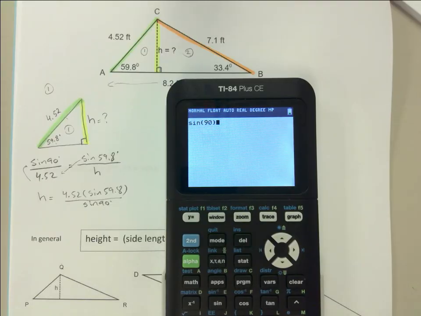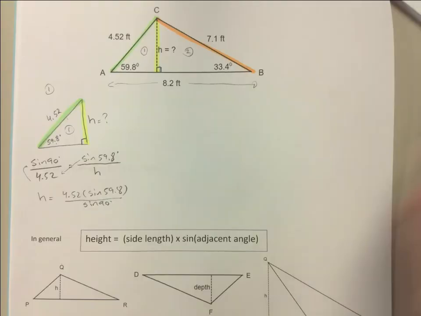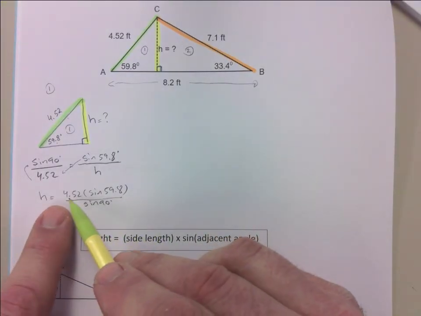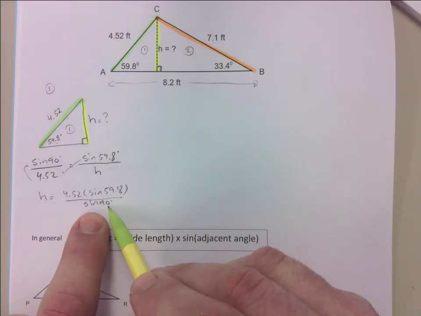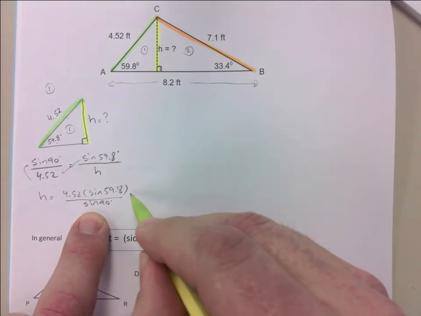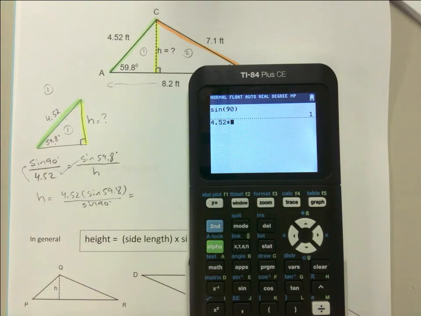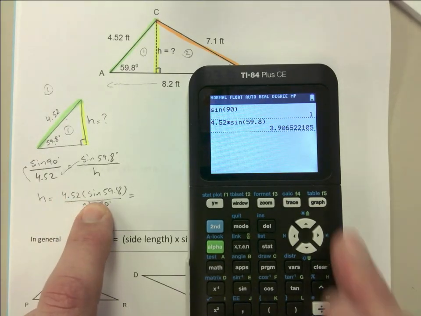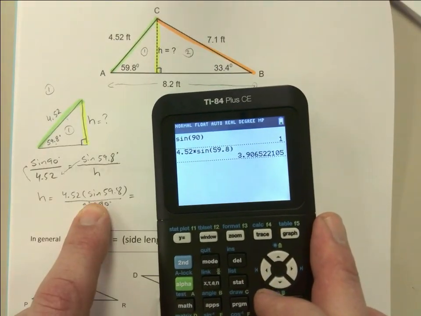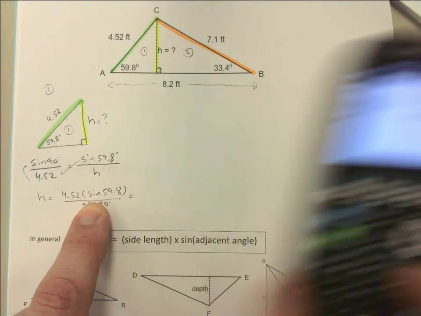Sine of 90 is 1, okay? So what is going to happen if you go 4.52 times this divided by sine of 90? It's just divided by 1, so it's not really doing anything. So just so you know, when there's sine of 90, I ignore it. I don't even bother with it. So I just go 4.52 times sine of 59.8. I get 3.91 feet.